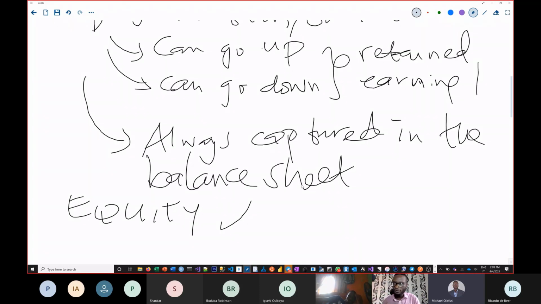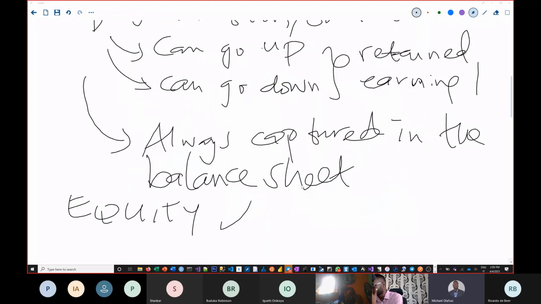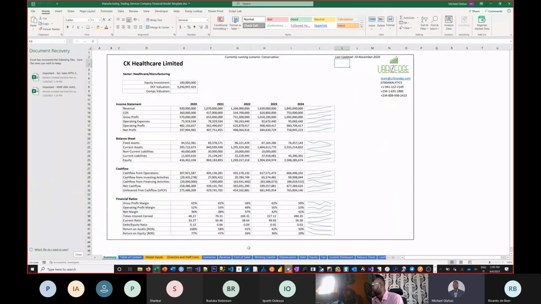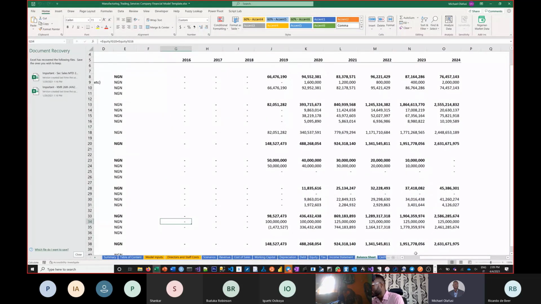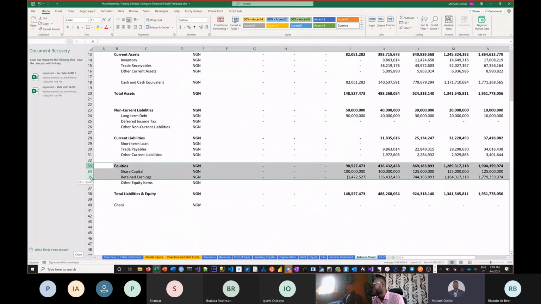Now, equity is always captured in the balance sheet, okay? So let us quickly take a look at one such example. When I say it's captured in the balance sheet, this is a very clear way of you seeing that in the balance sheet, there's always an equity line, right?